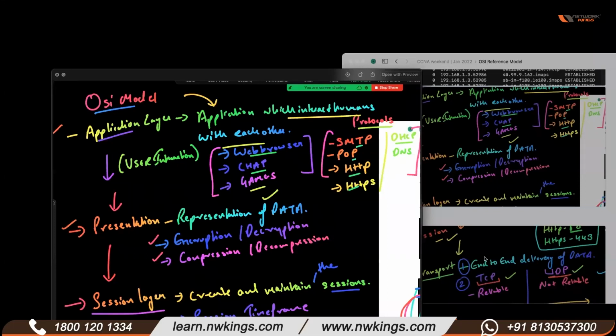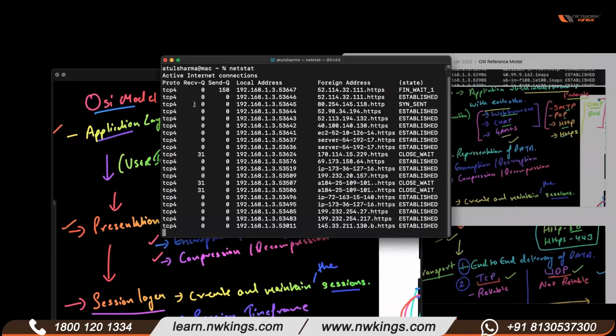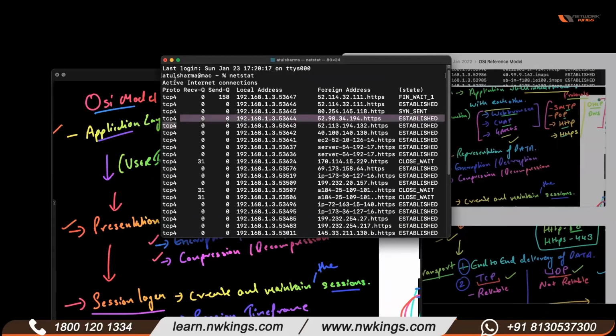When you see this netstat command, which I entered a few minutes back, can you see which protocol is carrying the data? TCP4. TCP4 means TCP for protocol version 4, IP version 4.